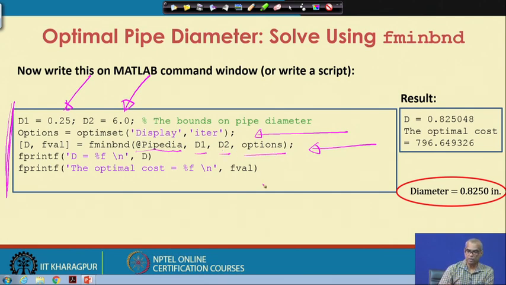And then you also print the optimal cost. So, the solution that you get is D equal to 0.825048, and the optimal cost associated with this pipe diameter is 796.649326.